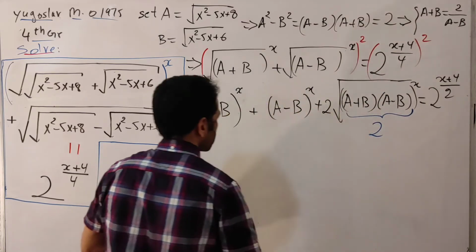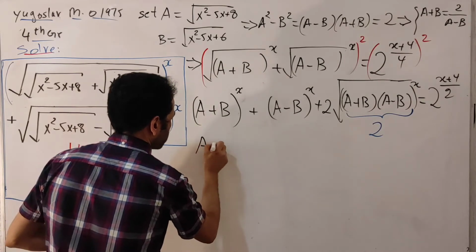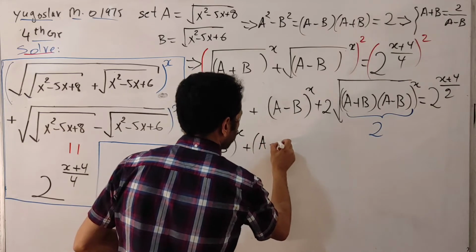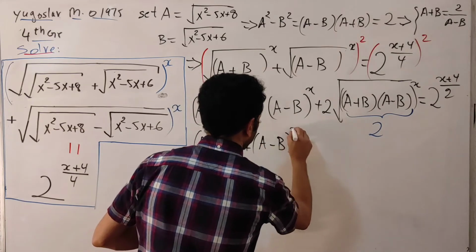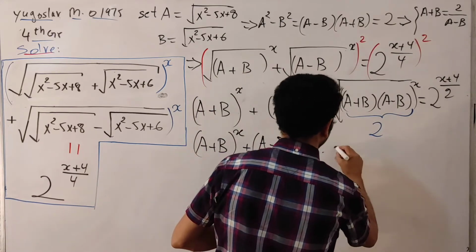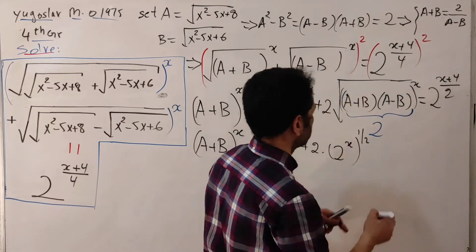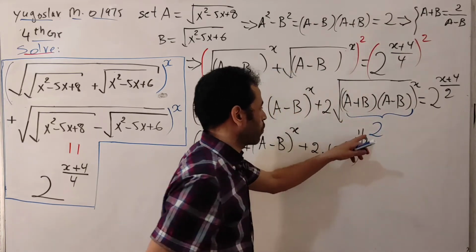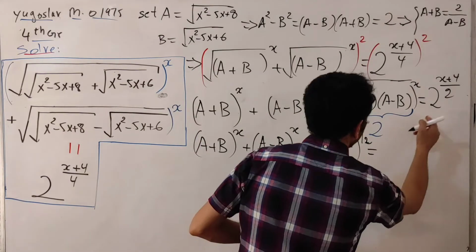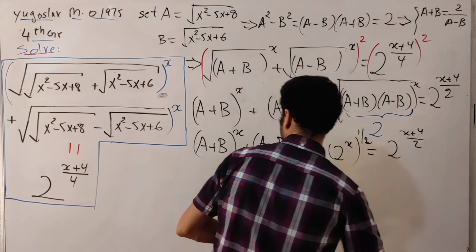Then I will have the following expression. I will have capital A plus capital B plus capital A minus capital B to the x plus 2. This one I will have 2 to the x to the 1 over 2, because square root is written in the form of the power 1 over 2, equals 2 to the x plus 4 over 2.